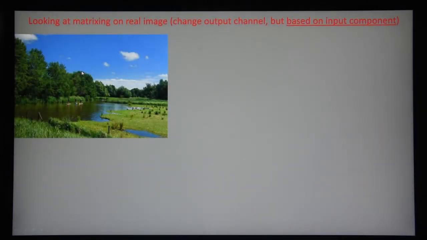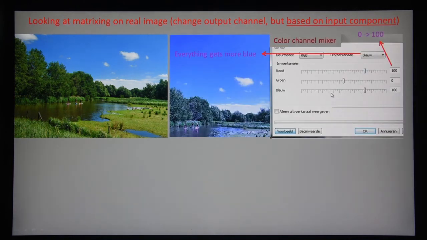Let's look at the real image, what matrixing does with real photo processing software. So you have your greens and your blues here. Let's use the channel mixer. It has here again an amount going even above 100%, and it can go negative.